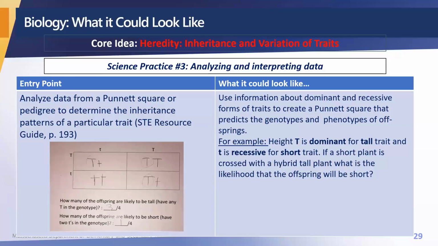If a short plant is crossed with a hybrid tall plant, what is the likelihood that the offspring will be short? This is also a good one that you could use for an investigation. But here's the T-chart, here's the Punnett square, and the kids always seem to enjoy that.